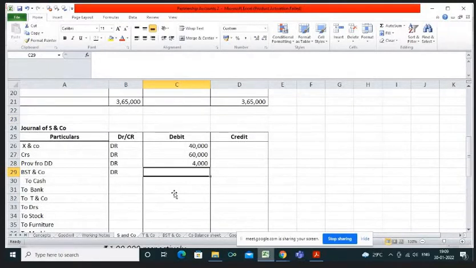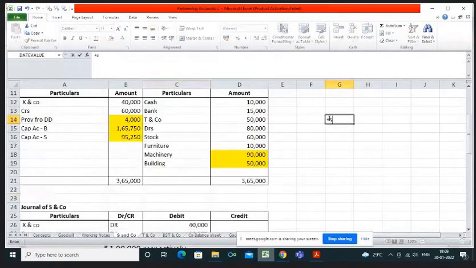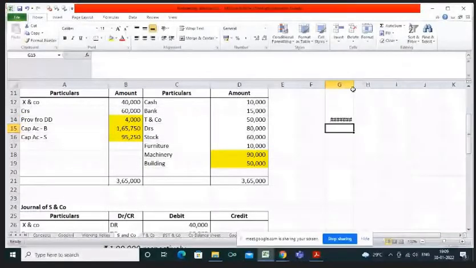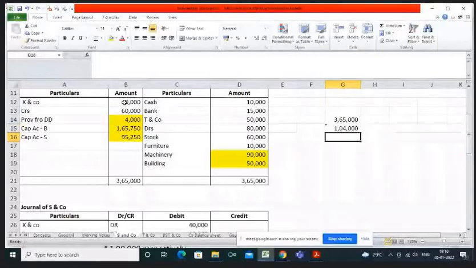At this point, I don't know what is the difference between the assets taken over and liabilities taken over. How can I check that? I have to do the sum total of all the assets taken over. The sum total of all the assets taken over is 3,65,000.